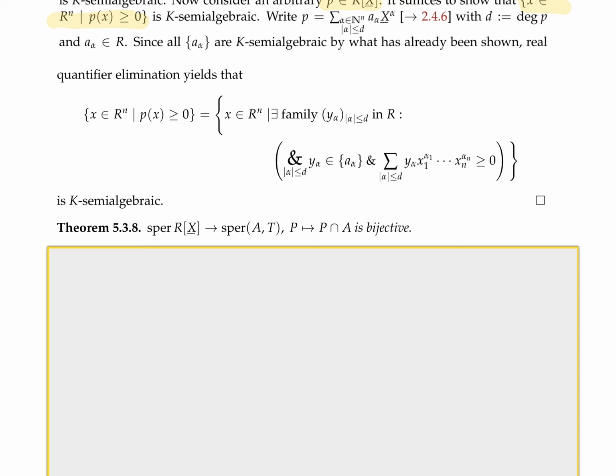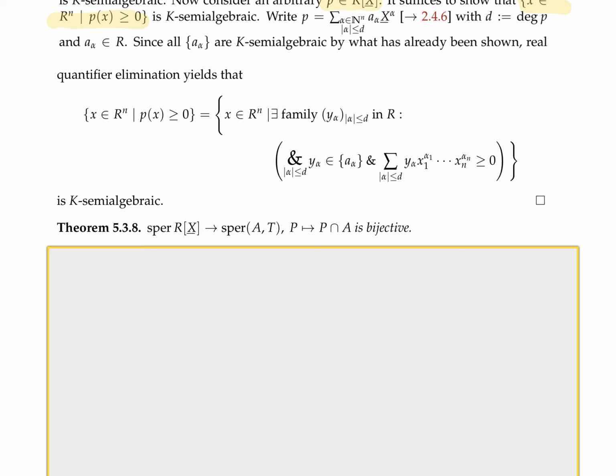It's probably non-trivial because it says that every point in this real spectrum of AT is the intersection of a prime cone of R[x] with A. That doesn't seem to be trivial, right? So you can lift it somehow. That's the surjectivity, and the injectivity also doesn't seem to be immediate.